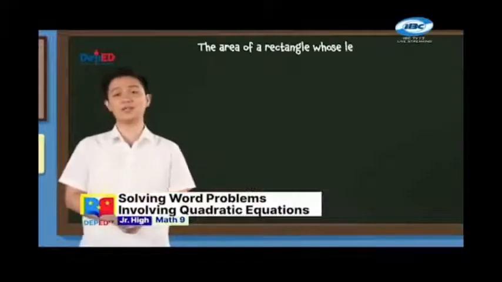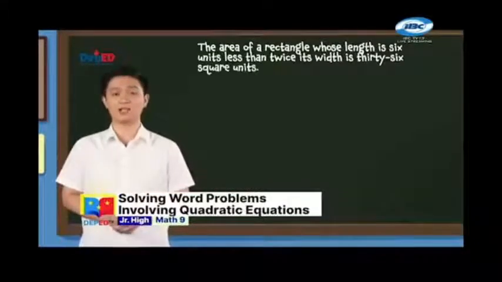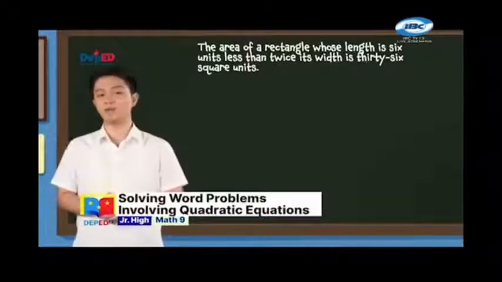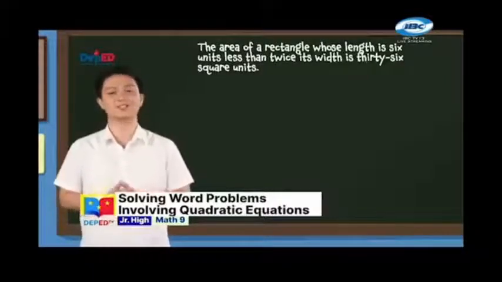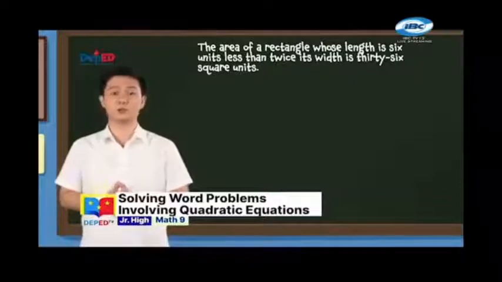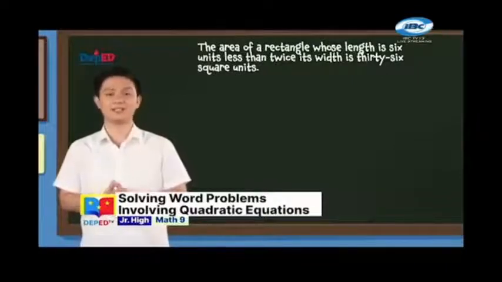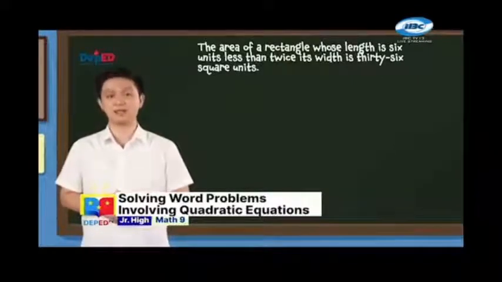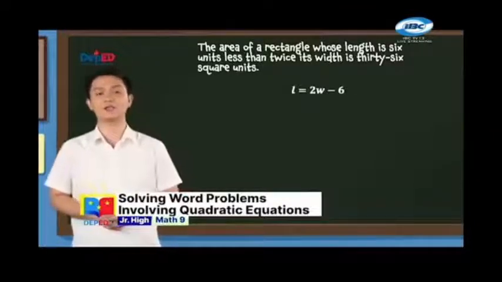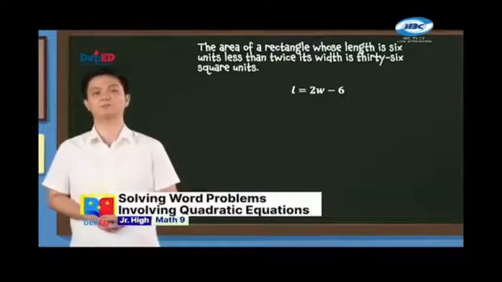Now in sentence number 3, the area of a rectangle whose length is 6 units less than twice its width is 36 square units. The rectangle's length L is described in terms of its width W, and it is specified to be 6 units less than twice the width. Hence the equation L equals 2W minus 6.